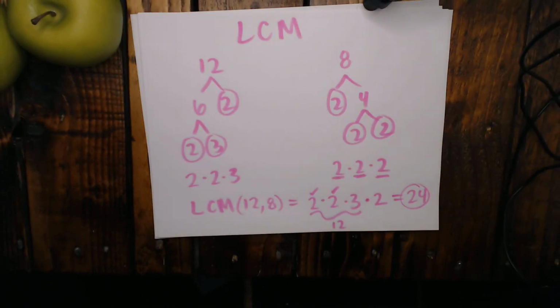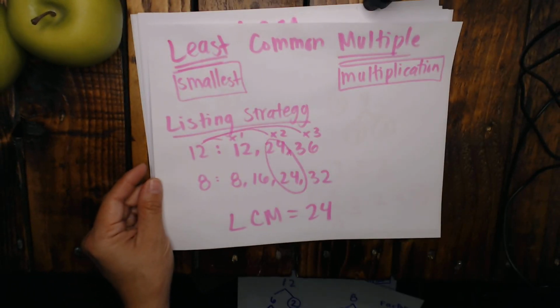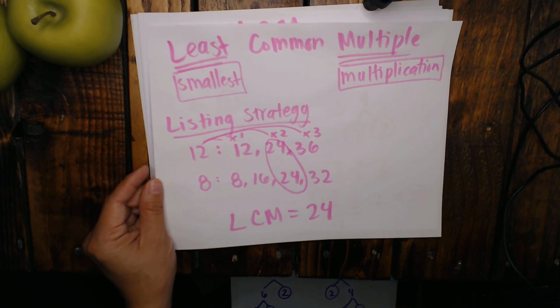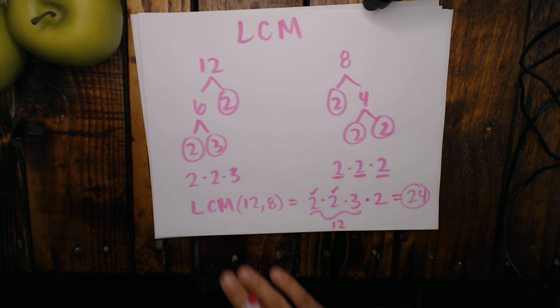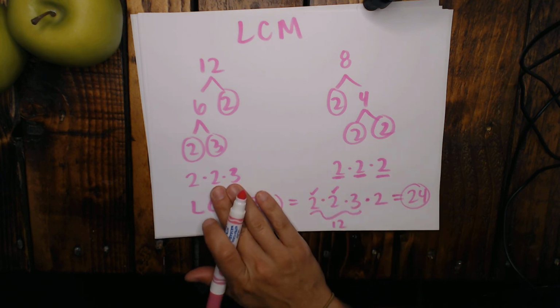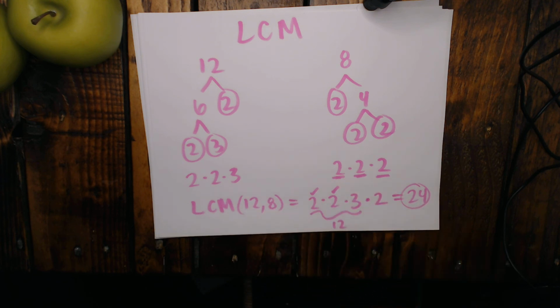And then we're talking about the least common multiple. Again, using the same listing strategy, but this time we're listing the multiples. Or you can use a factor tree, but we're seeing what do we have in common and making sure we're including all of our numbers to get 24. Okay, so that's a little review on greatest common factor and least common multiple.